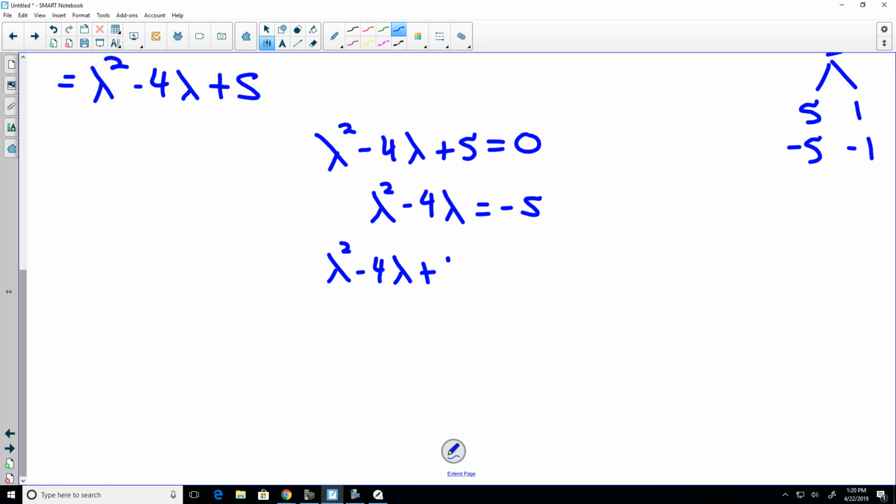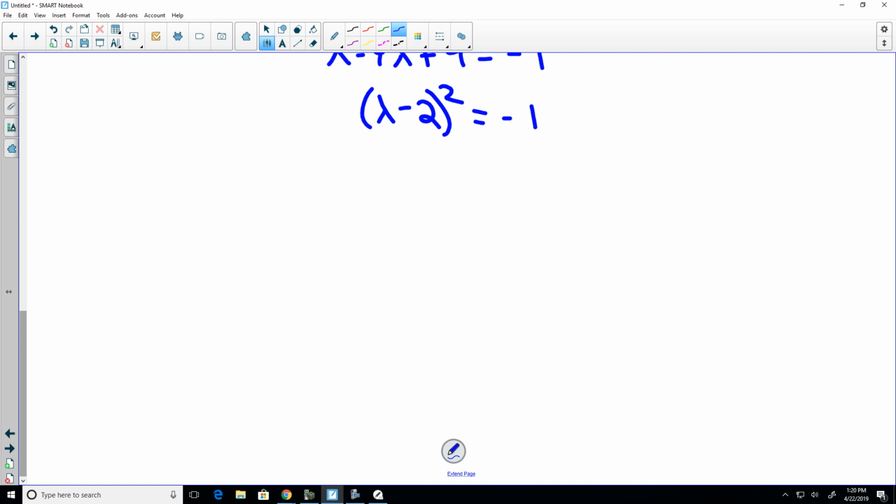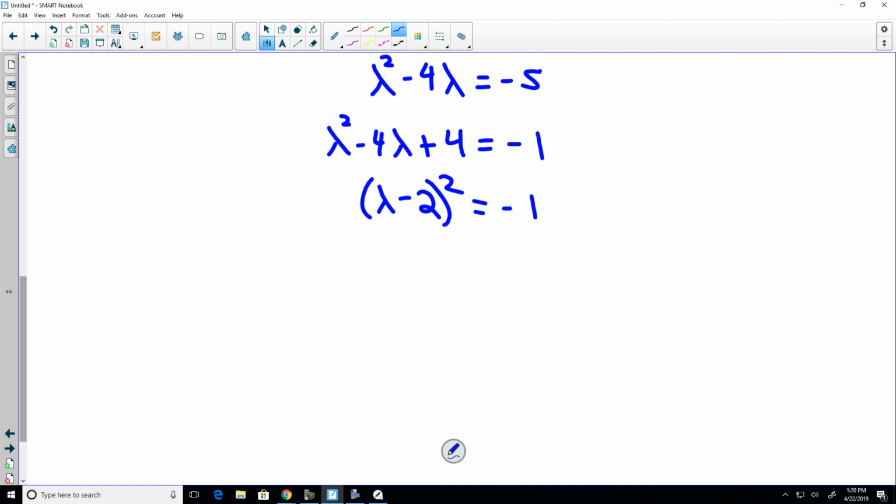Going to add 4 to both sides. Now this is a perfect square. Square root of both sides.